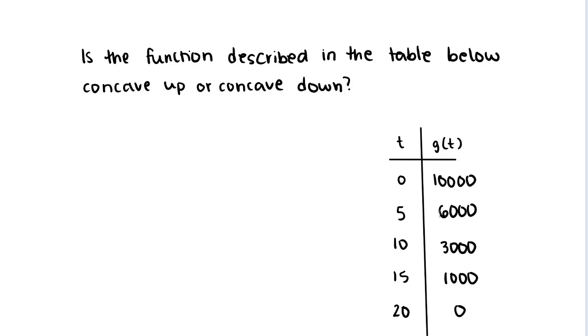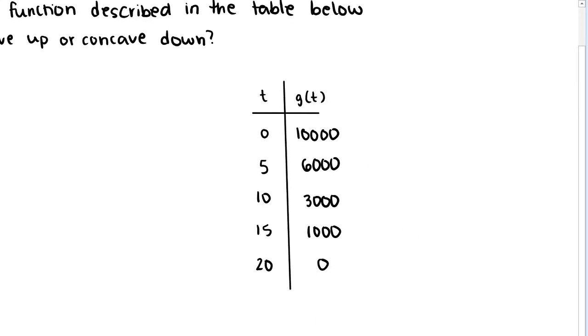And so let's go ahead and find some rates of change. Let's look at each pair of points and determine the rates of change. So here, the rate of change between these 2 points would be -4,000 per increase of 5 in t. Right, actually, we don't have to go ahead and compute this because all of the changes in these values of t are by an increase of 5.